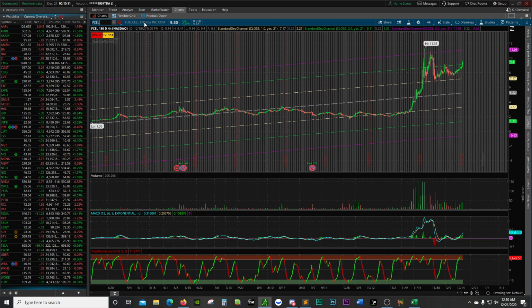You can basically bleed that position dry of profits up to a certain point, up until it starts reversing. Then when it starts reversing, it's going to exit your position automatically. That's my recommendation.